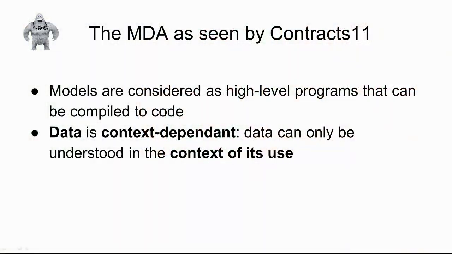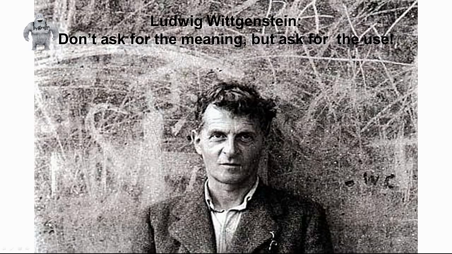One thing is very important. You have to understand that data modeling is extremely important when you're trying to build database applications especially. Data cannot be seen as something that is loose, that is separate. It is always relative, and it's always relative to its context of use. There was a famous philosopher, Ludwig Wittgenstein.